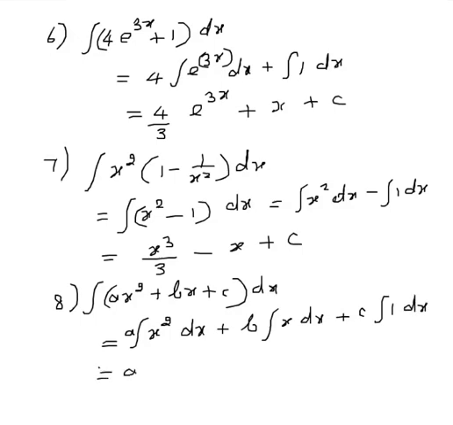Let us integrate. Integral of x square is x cube divided by 3 using the x power n plus 1 by n plus 1 formula. B times integral of x is x square divided by 2, that power rule we are using, plus c times integral of 1 with respect to x is x, and plus d, the constant of integration. Already c is there in the answer, so I am using d. d is the constant of integration.